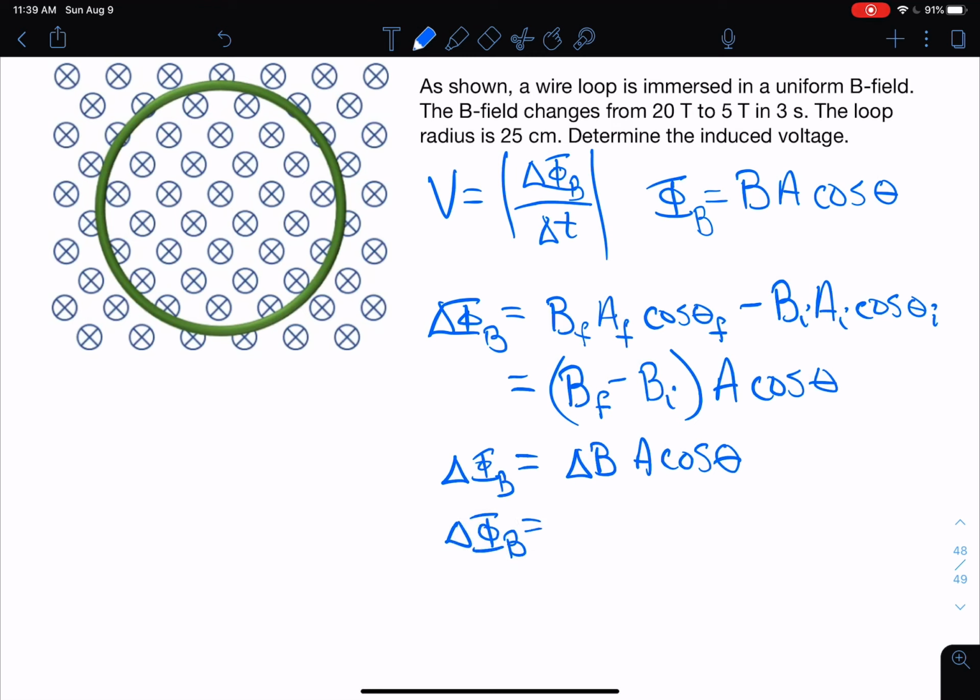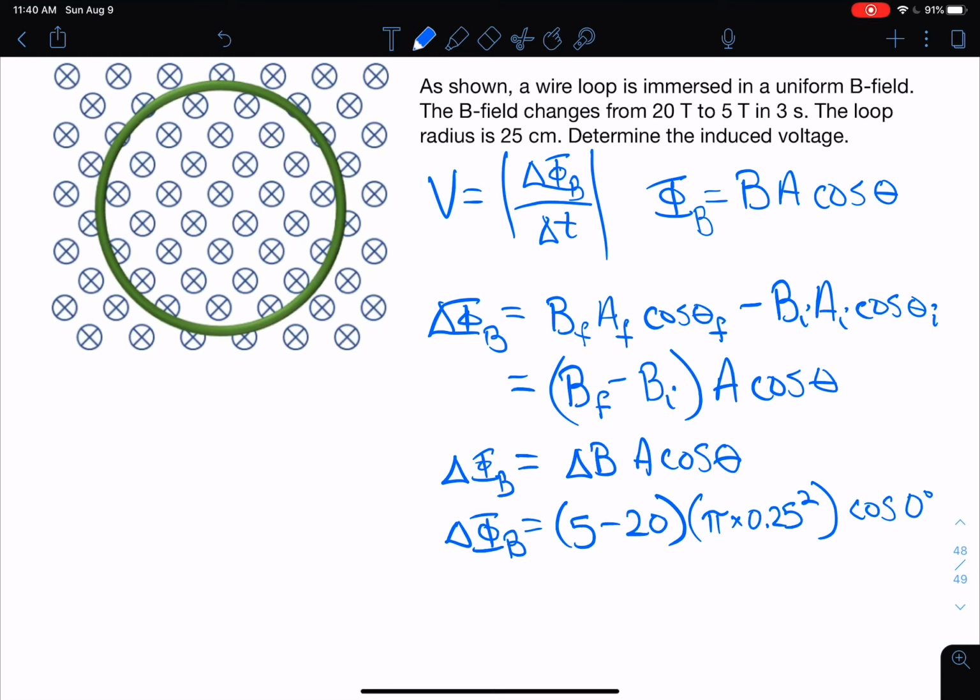For this particular case, I'm going to go ahead and put in the values. So it's technically 5 minus 20, because it goes from 20 to 5. And the area, it's a loop, so this is pi times r squared. I'm going to convert to meters, so it's 0.25 squared. And then I'm taking the cosine of 0 degrees.